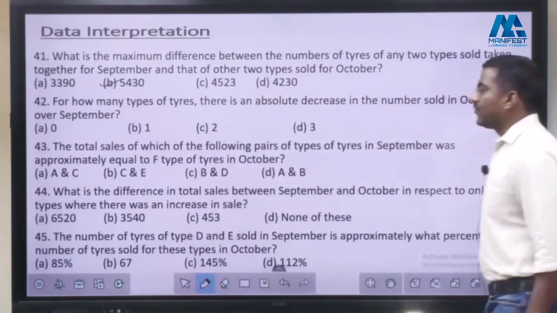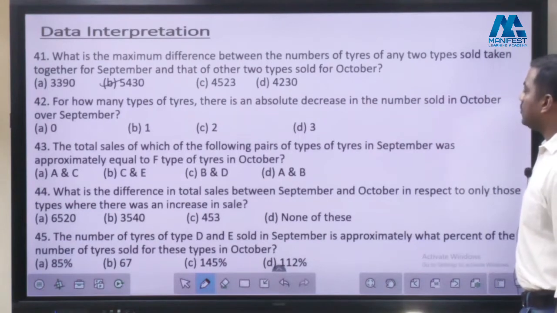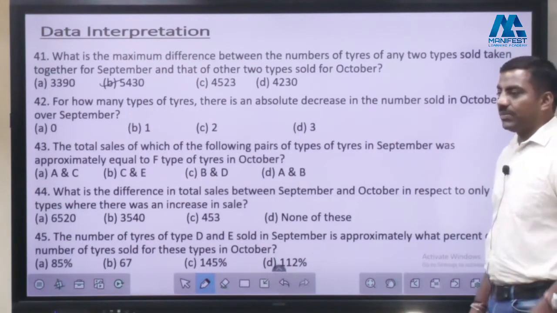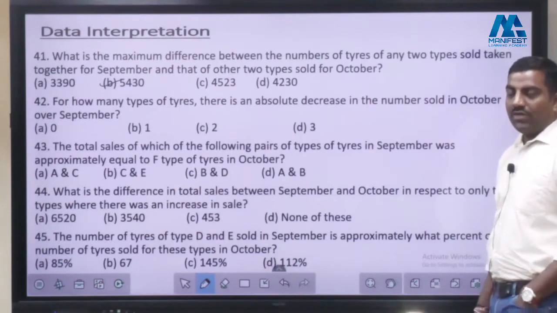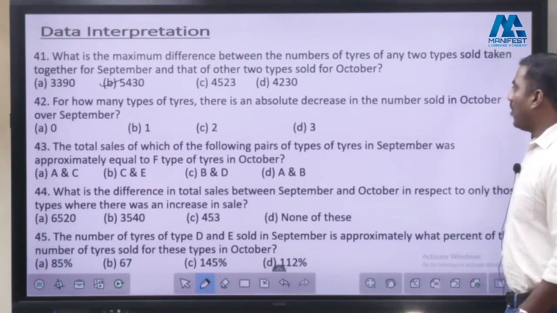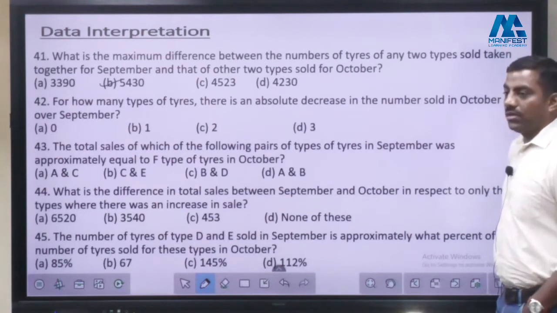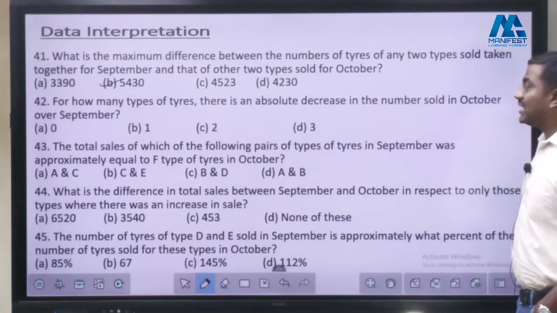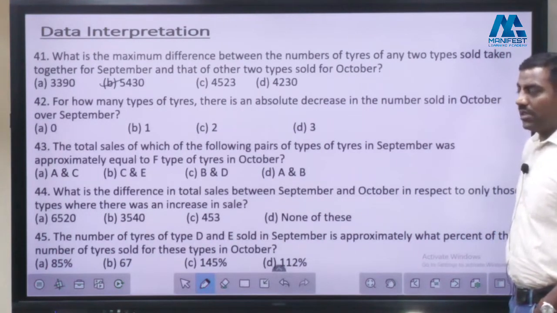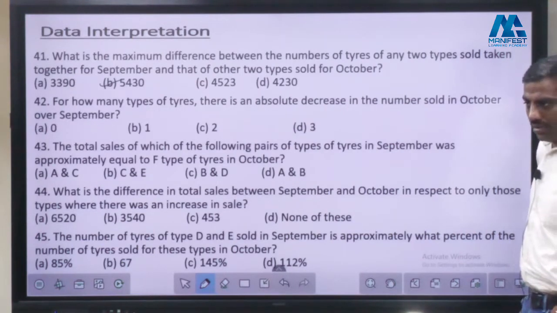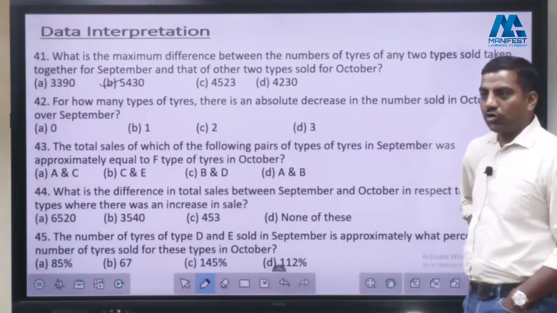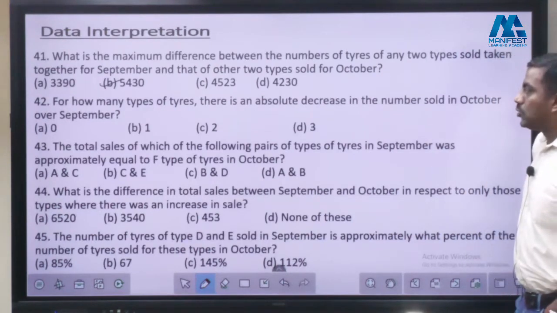For how many types of tires is there an absolute decrease in the number sold in October over September? If you look at the sales of the types, which types have decreased from September to October?